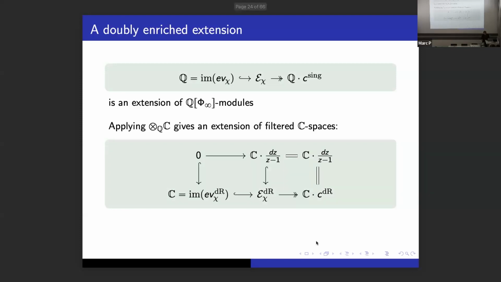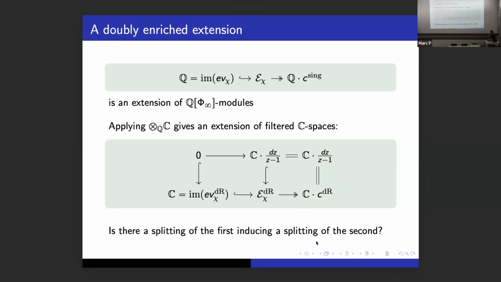And if we tensor that over Q with C, then the de Rham theory gives us an extension of filtered C spaces that interacts nicely with the complex conjugation. And now we can ask: is there a splitting of the first sequence, the singular sequence, the sequence of Q spaces with a complex conjugation?